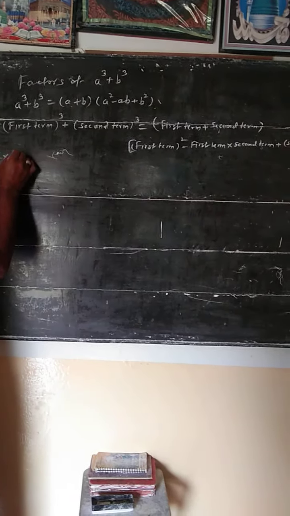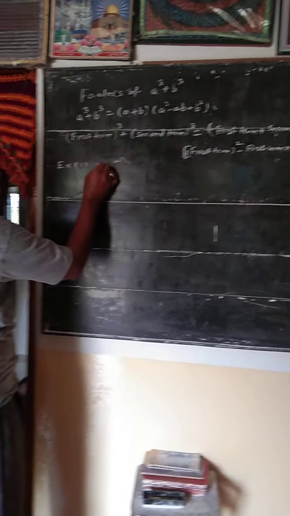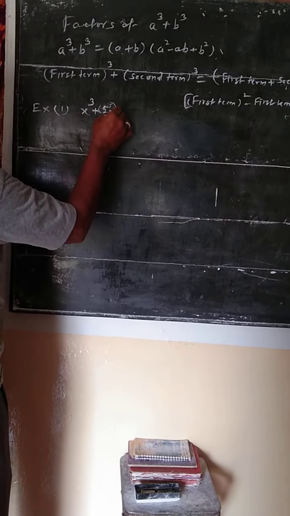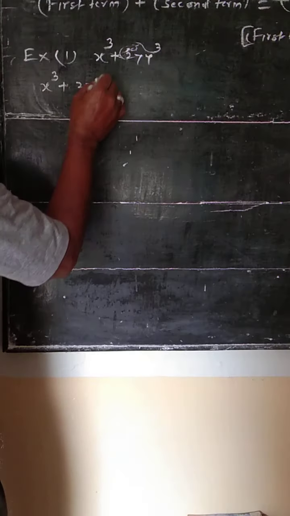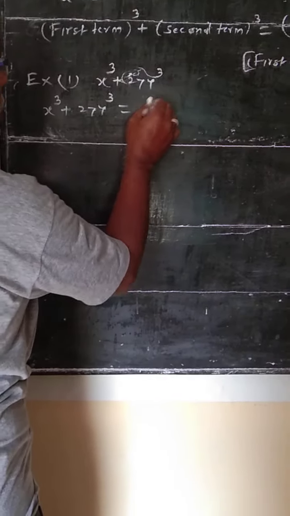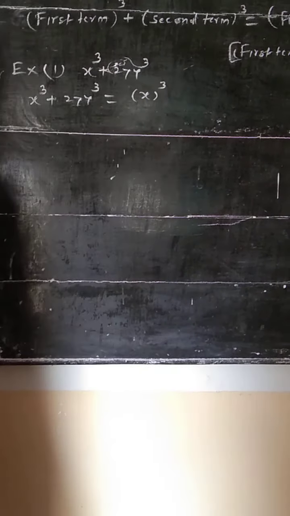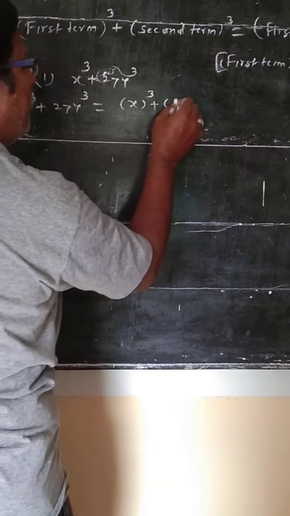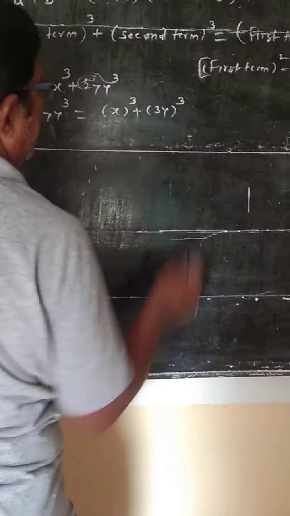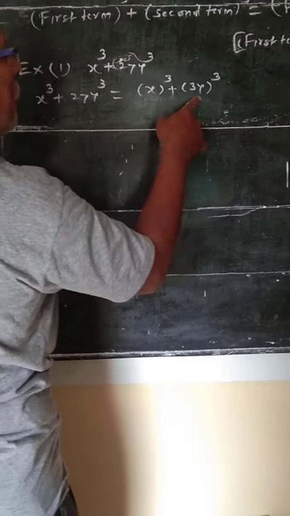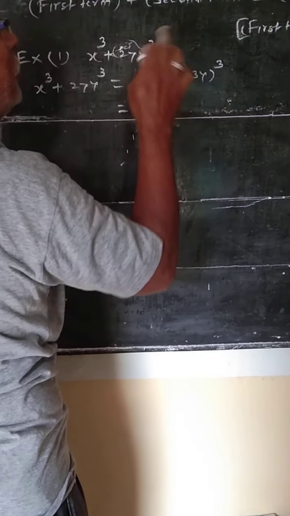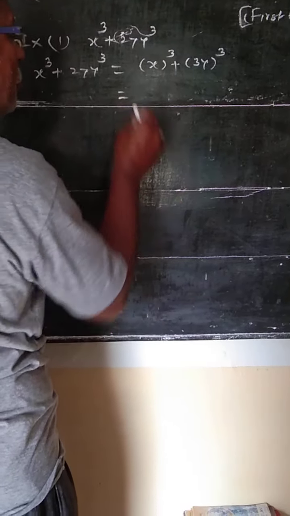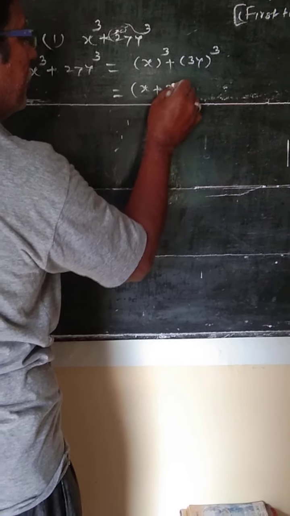For example, first: x cube plus 27y cube. x cube plus 27y cube is equal to x whole cube, and 27y cube is the cube of 3y. Cube of 3 is 27, cube of y is y cube, cube of x is x cube. So the first bracket is the sum of the cube roots, x plus 3y.